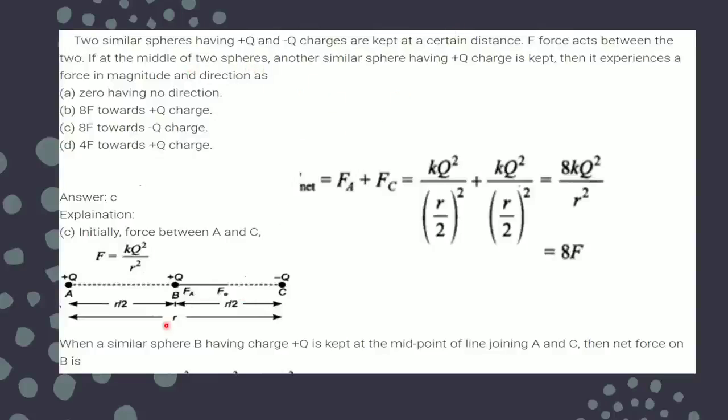So if the total distance is r, you can take the distance r by 2 for both, and this charge value is q, everywhere it is q. So you can find the net force, which is coming out to be 8F, and it is in the direction of AC. It means towards the negative charge. So now you can search for the correct option. This is the C option. So your answer will be C.